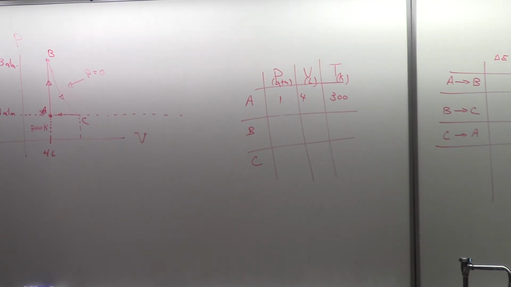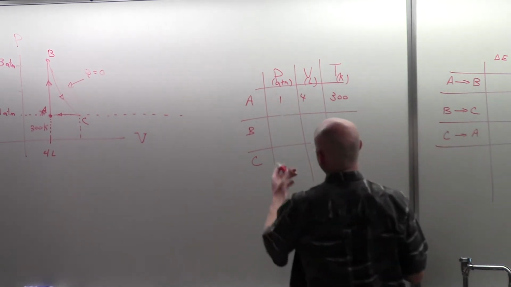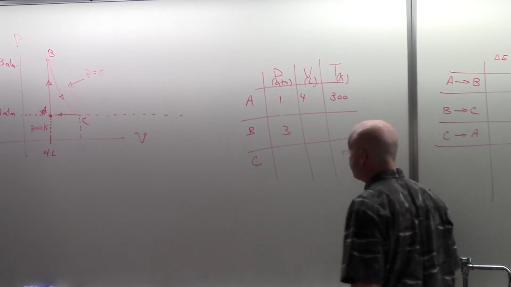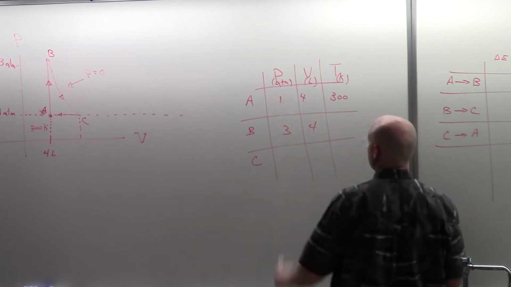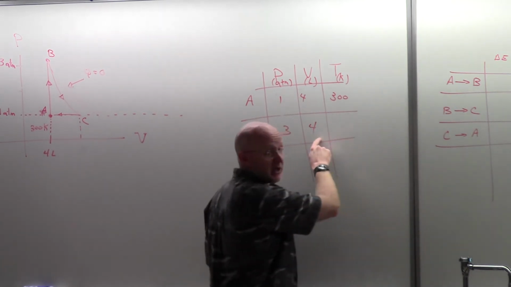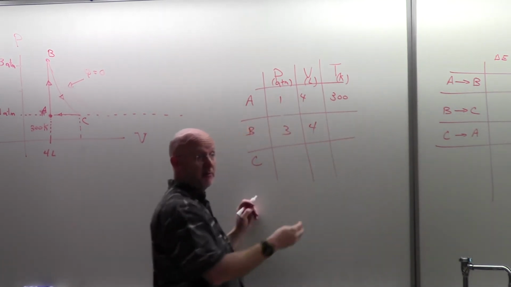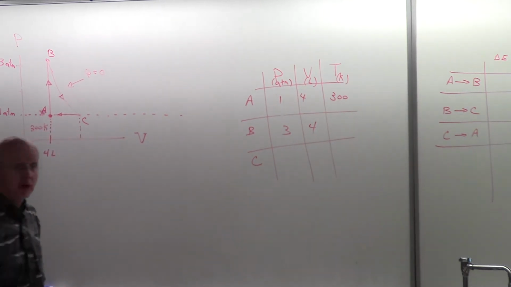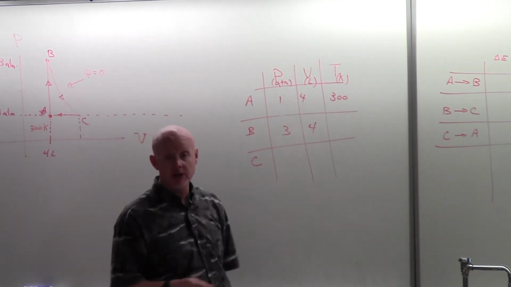Well, I'll keep going because when they went to B, they told me the pressure went up 3 times. They told me it was isovolumetric, so what does that tell me? Volume's still the same, right? And again, if I know any 2 of these, I can find the third as long as I also know the number of molecules, which I do, but back here, right? All right. I don't know if I'm going to need it, but that's the information they gave me.